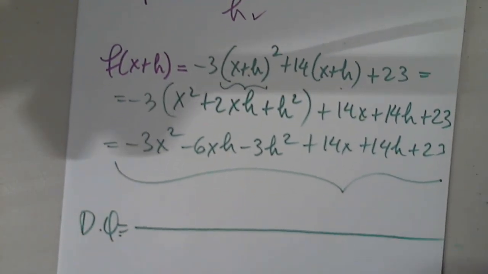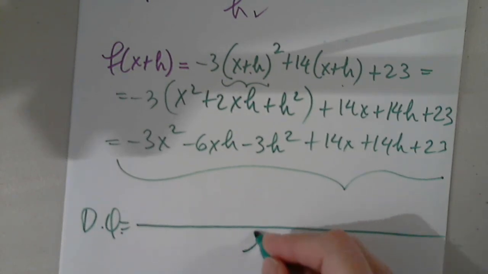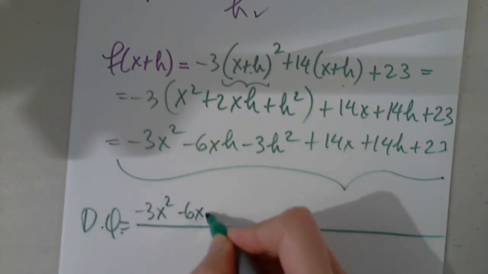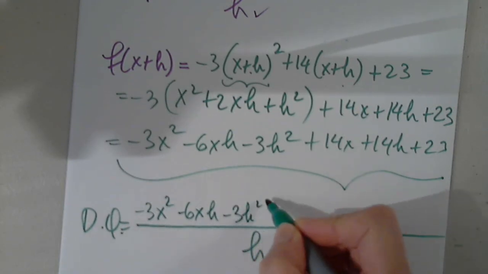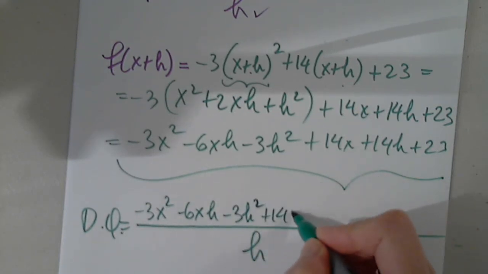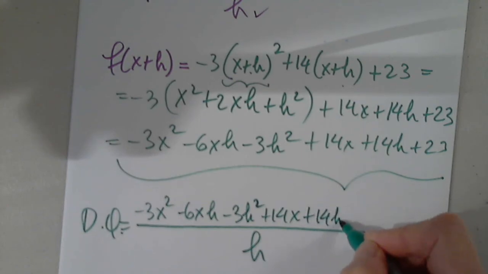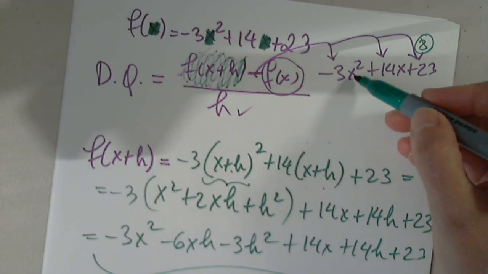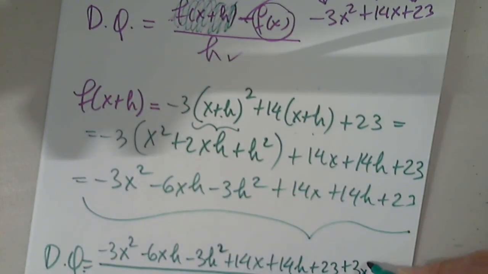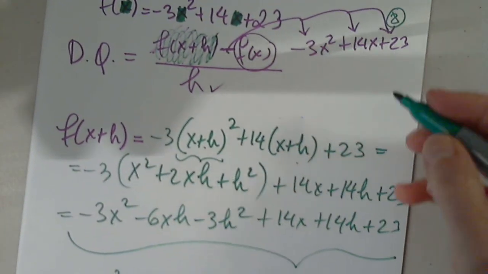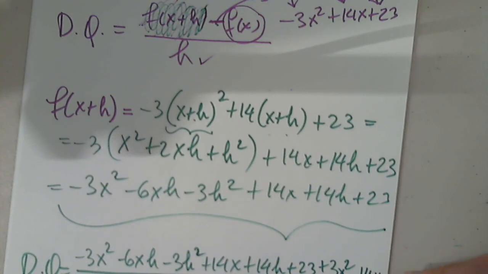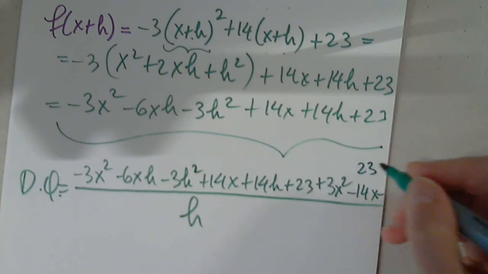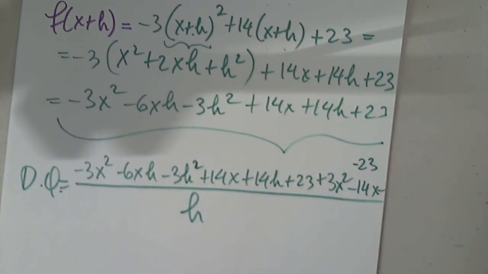Okay, so negative 3x squared minus 6xh minus 3h squared plus 14x plus 14h plus 23. Now here, the opposite of this, positive 3x squared. The opposite of this, negative 14x. The opposite of 23, minus 23. Of course, as I promised, I ran out of room.